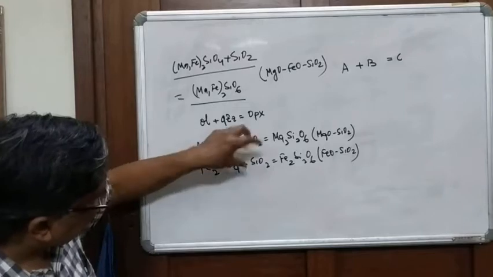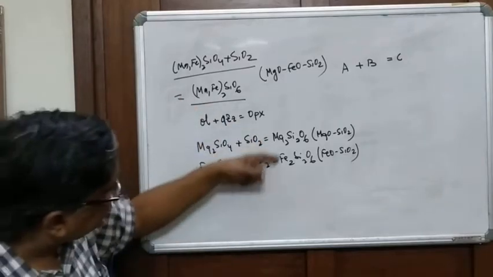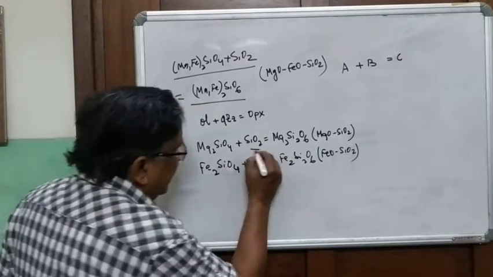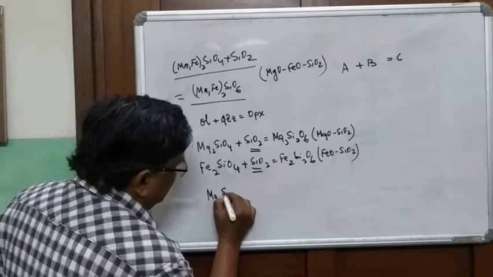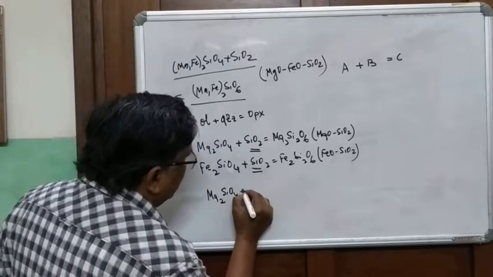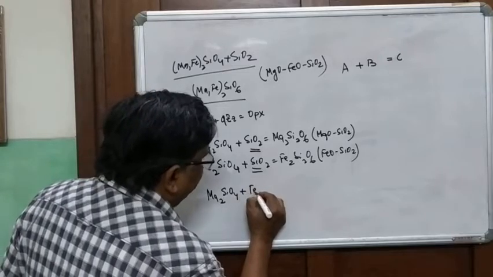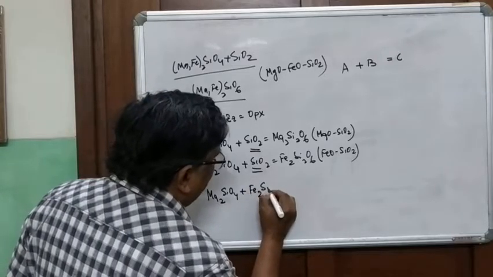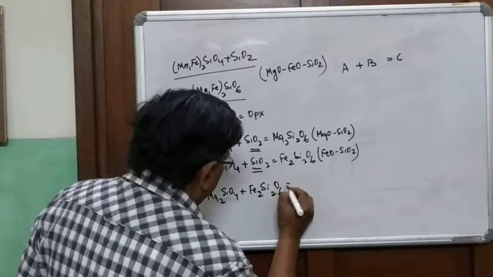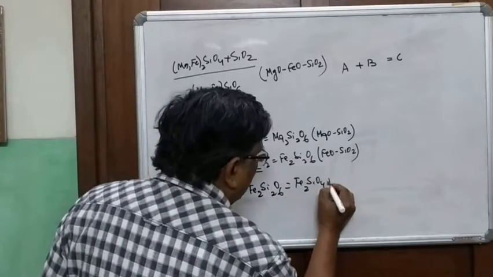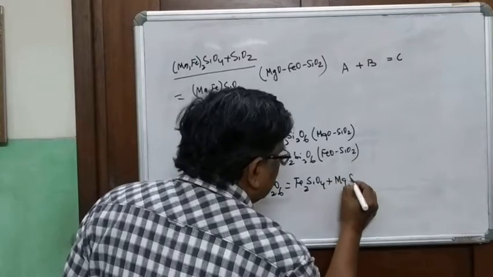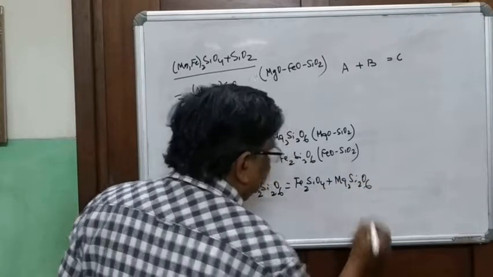And if you algebraically add these two to eliminate SiO2, you will get a reaction Mg2SiO4 plus Fe2Si2O6 is equal to Fe2SiO4 plus Mg2Si2O6.